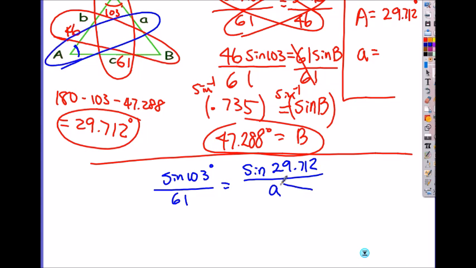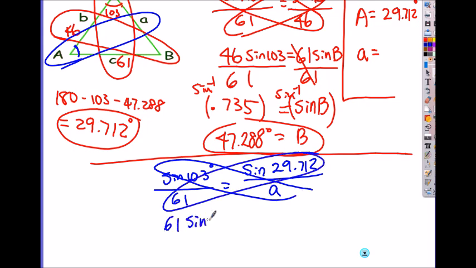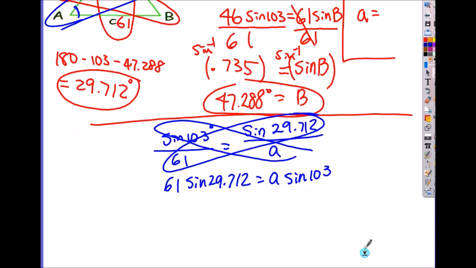So again, what do? Cross multiply. So 61 times sine of 29.712 equals A times sine of 103. Divide by sine of 103.